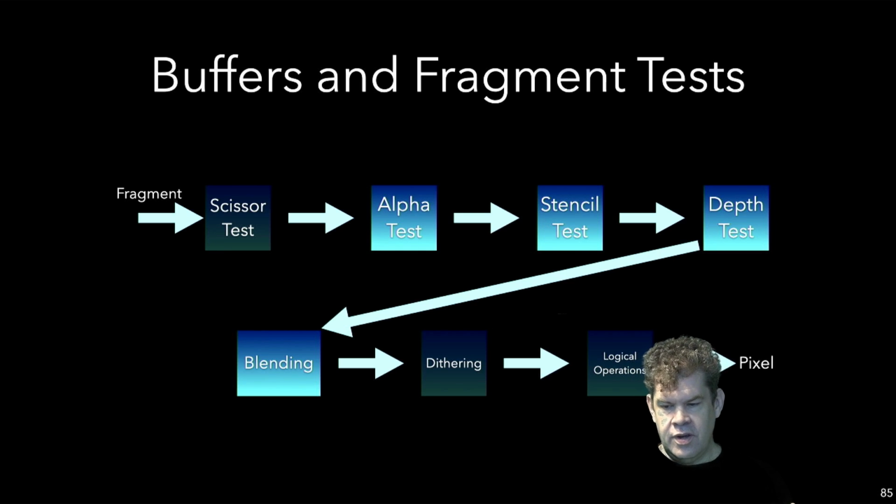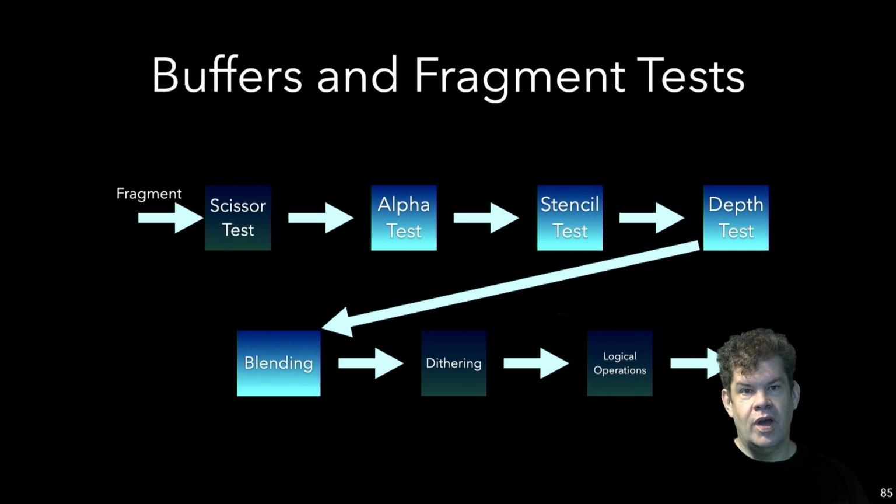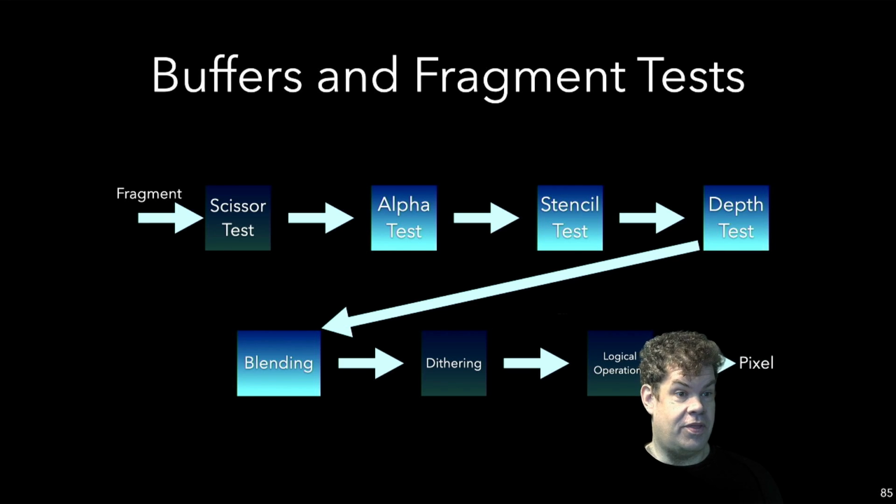One of the really bad things about them is that they're named alpha, stencil, and depth test. Why are they named this way? Because the alpha test is usually used to test something against alpha. The stencil test is often used to do some stenciling, so stempeln in German, to cut things out. And the depth test is usually used to compare something to depth.